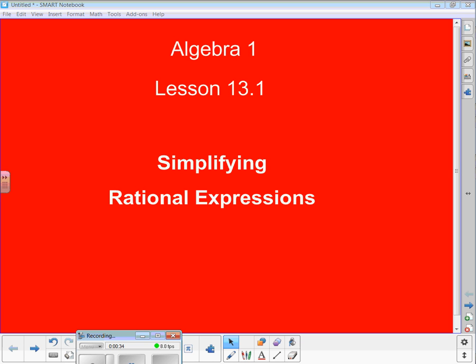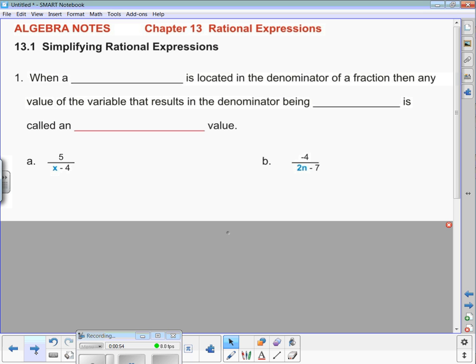Well, we're going to see in chapter 13 that you also have to know how to factor to be able to handle all kinds of rational expressions that are simply fractions, right? How to simplify fractions, we've got to factor. Adding fractions, multiplying fractions, dividing fractions. It all involves factoring. And so here we go, lesson 13.1, simplifying rational expressions.